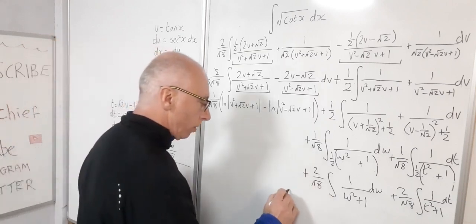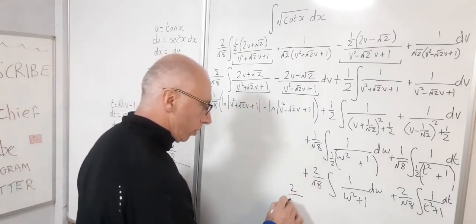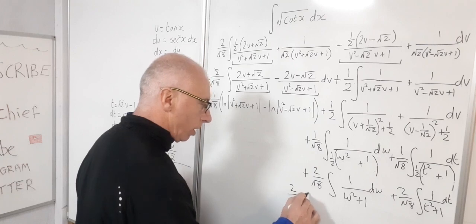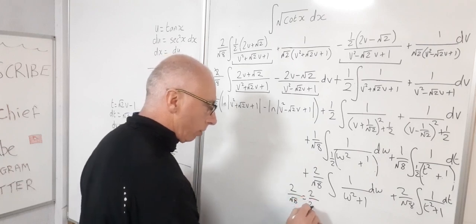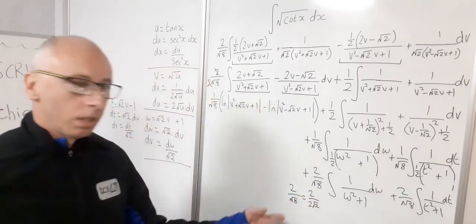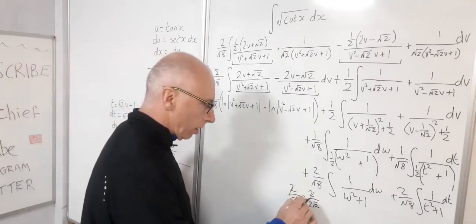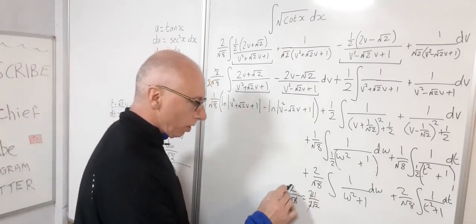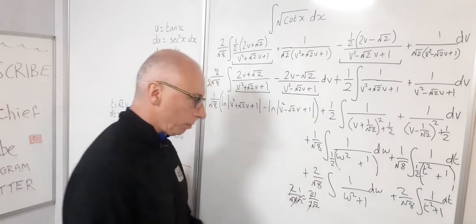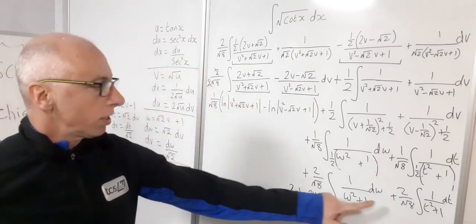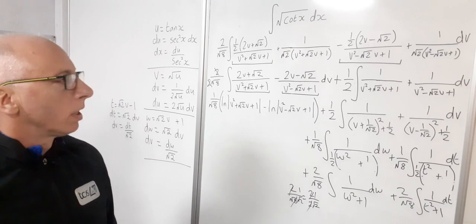Well, 2 over square root of 8 equals 2 over 2 root 2. So basically these will cancel out to give us just 1 over root 2. So then I could just change these constants to 1 over root 2.